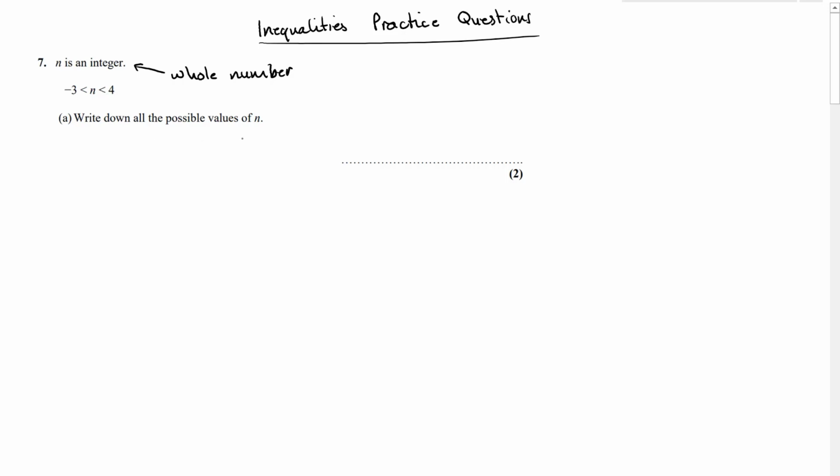So we have to think of all the numbers between there. So that's just going to be minus 2, minus 1, 0, 1, 2, and 3. Making sure we don't write 4 and we don't write minus 3 unless we had little lines here. If we had little lines there, it would be equal to, and then we'd include both of those as well.